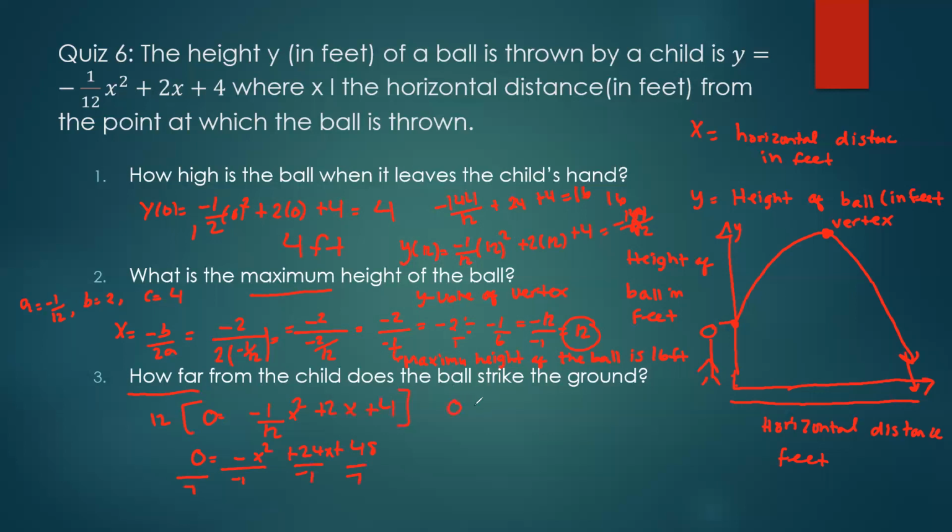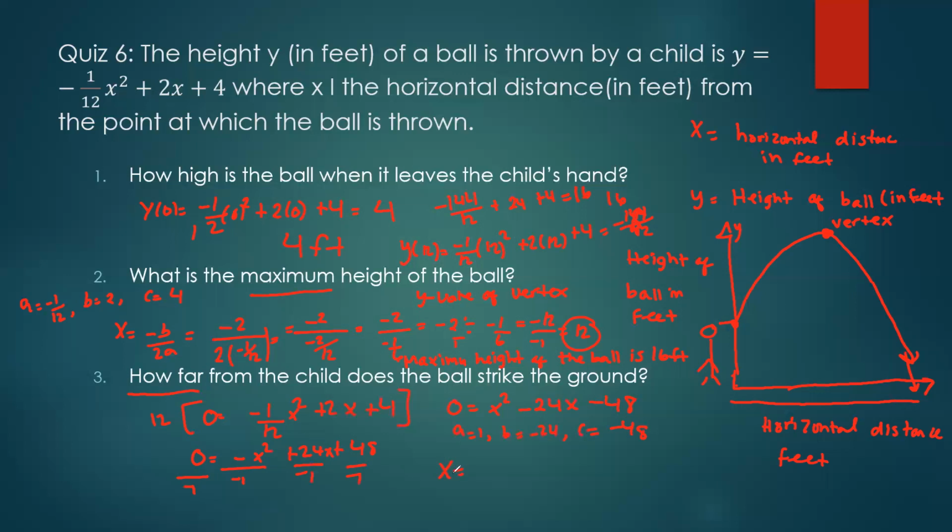That gives you 0 equals x squared minus 24x minus 48. Believe it or not, we can't factor this using simple factoring, so you're going to use the quadratic formula. Your a is 1, b is negative 24, and c is negative 48.